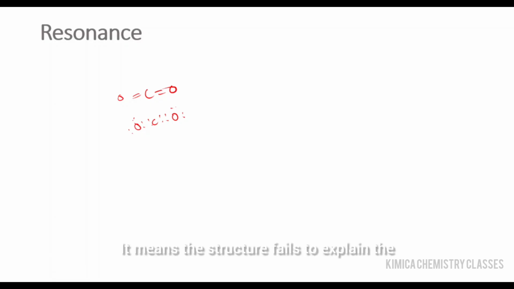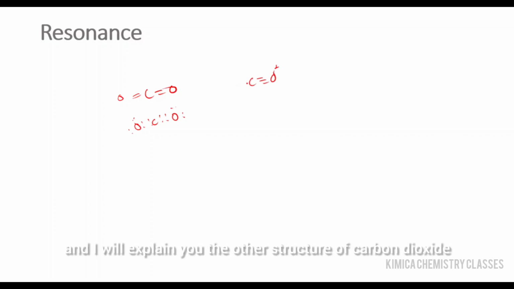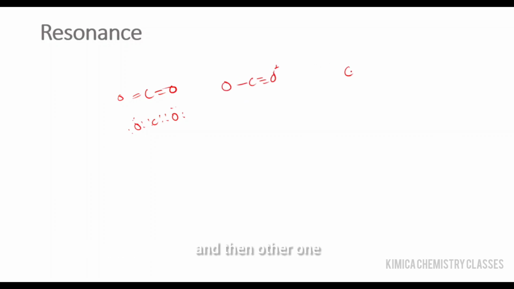It means the structure fails to explain the known properties of carbon dioxide. Similarly, there are other properties of carbon dioxide. So this is one structure like this, and I will explain the other structures of carbon dioxide and then the other one.